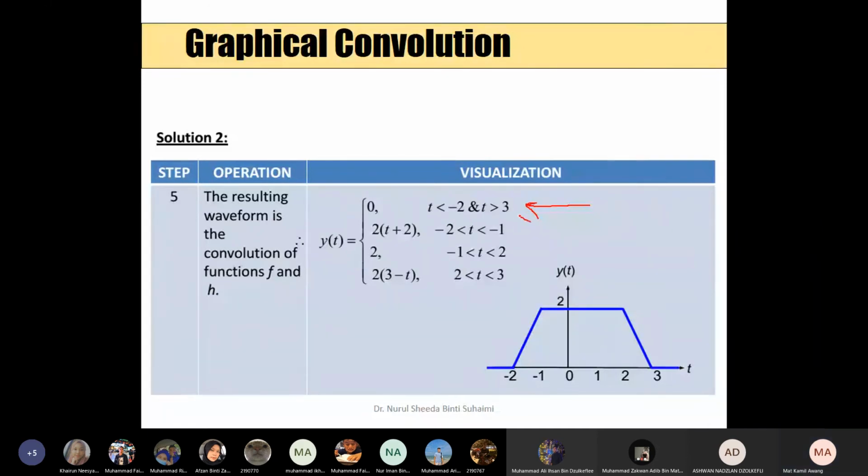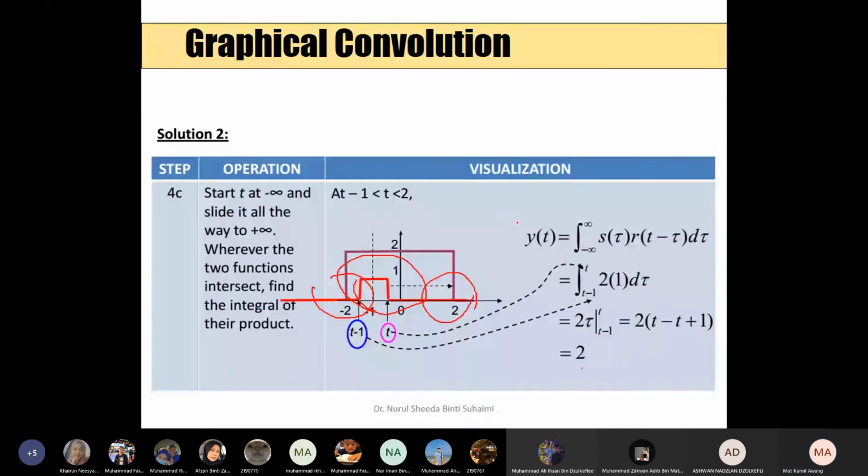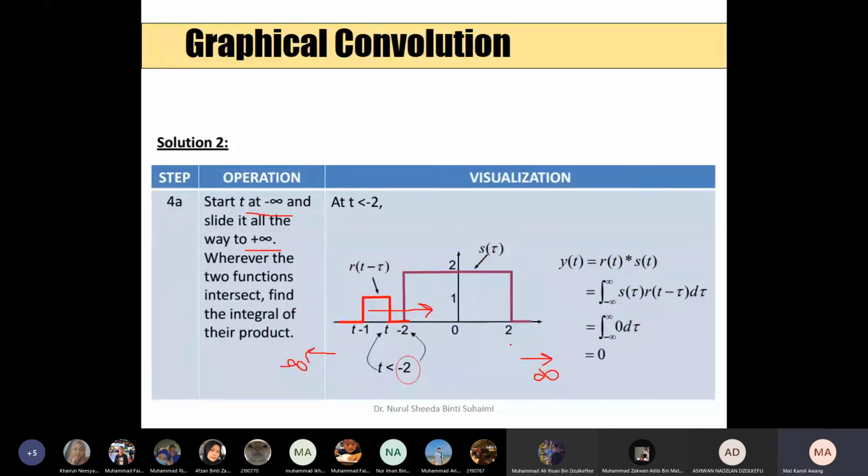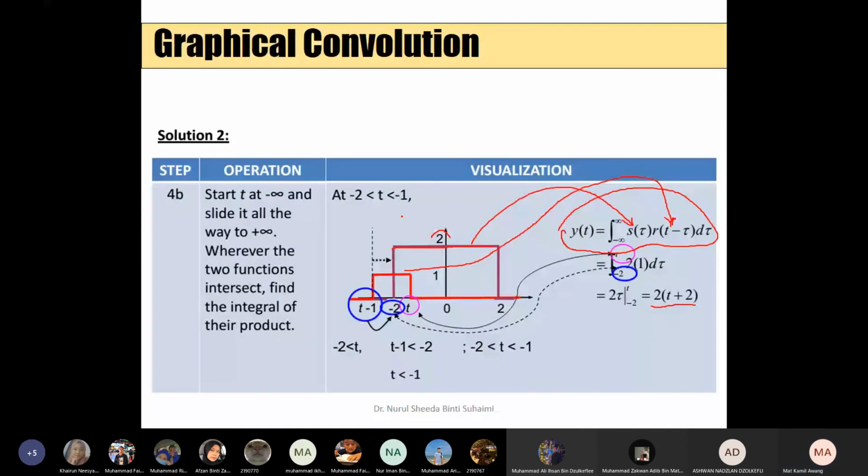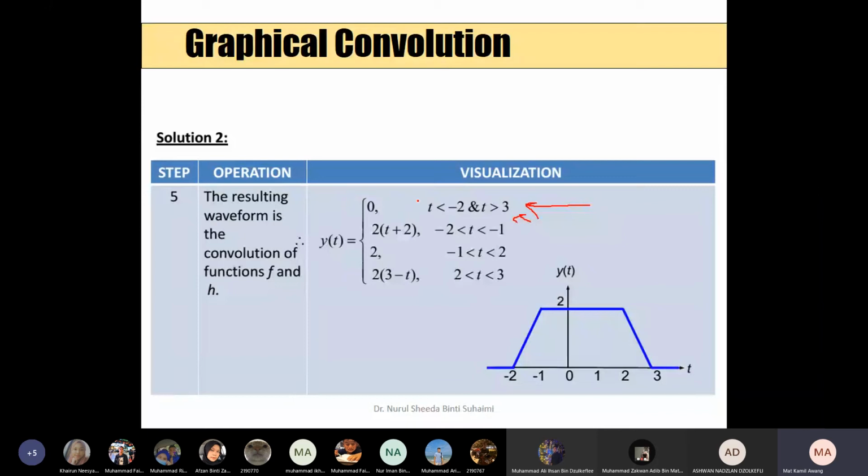This you actually get from this. When t is less than minus 2, you get 0, and t greater than 3 comes from here.